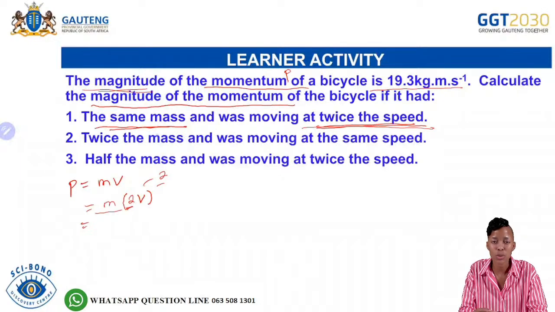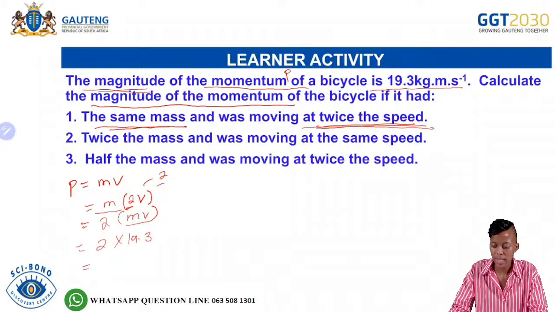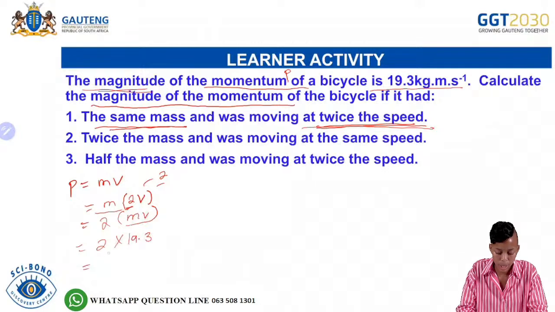What will be the size of the new momentum? We have 2 times mv, which is your momentum. What was the initial momentum given as? It was given as 19,3. So from there, we are going to multiply the 19,3 with the 2 to give you what?